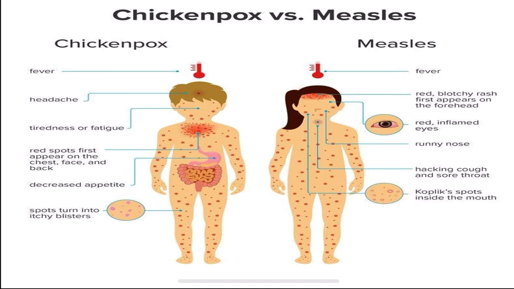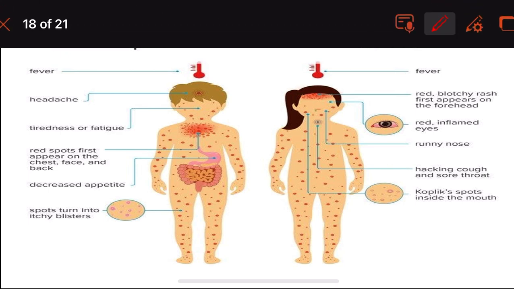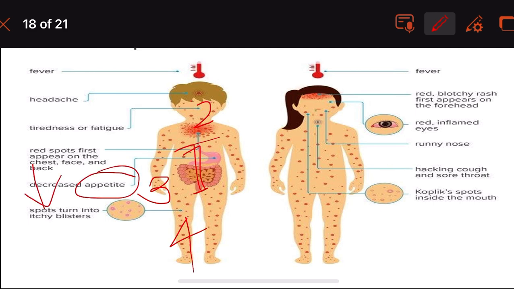First on the trunk, and then face, arms and legs. Decreased appetite. You can remember in the same order, whatever is given in the textbook: trunk 1, then face 2, arms 3, legs 4. There will be a decrease in the appetite. The spots will turn into blisters, itchy blisters.